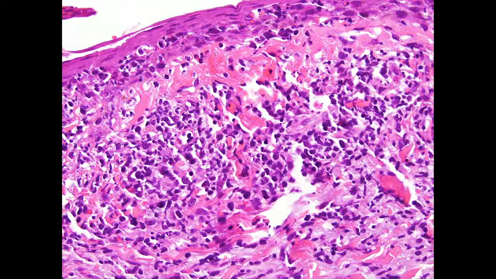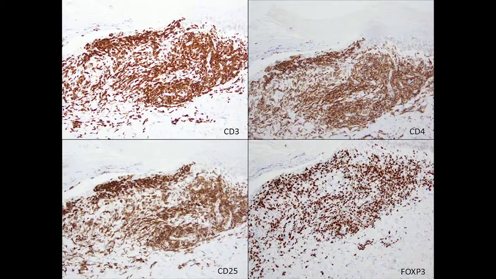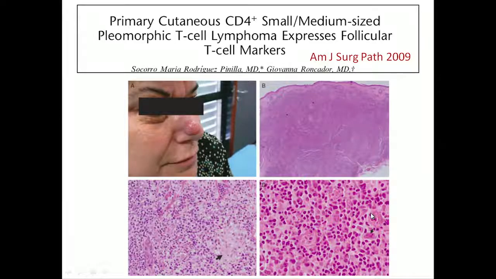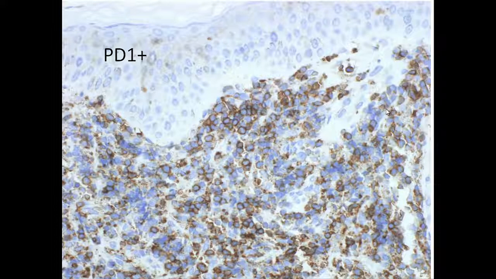Clinically, they may resemble Sézary syndrome or even a papular variant of mycosis fungoides. Strong expression of CD25, FOXP3 indicates that you are dealing with this condition, and then you check serology for HTLV-I. So we talk about those small, medium pleomorphic T-cell lymphomas. The majority of those patients present with a localized lesion in the head and neck.